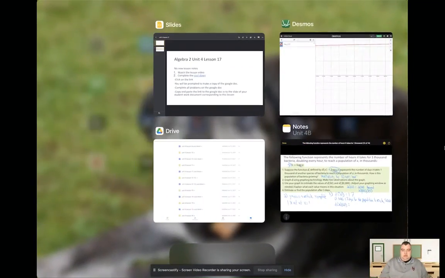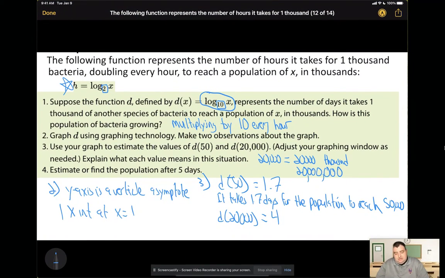So d of 20,000 is approximately 4.3. This is saying it takes 4.3 days for the population to reach, in this case, 20 million.